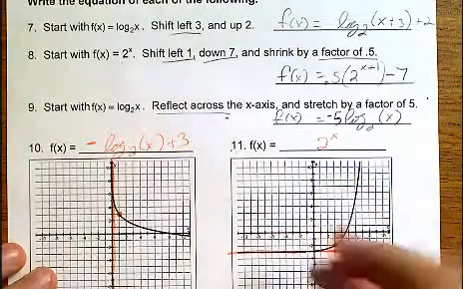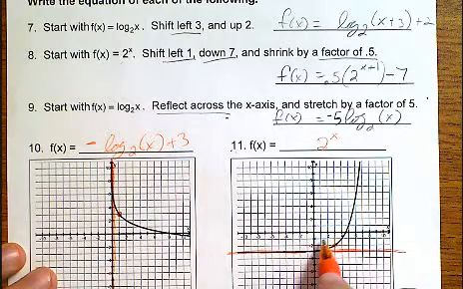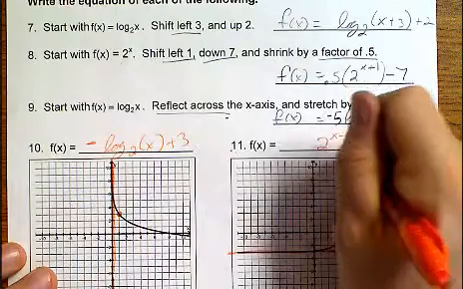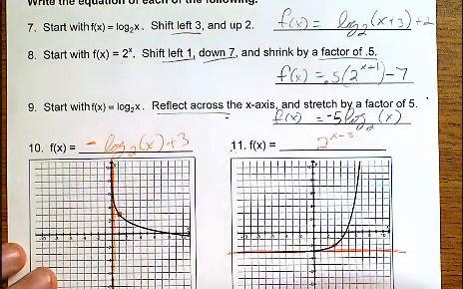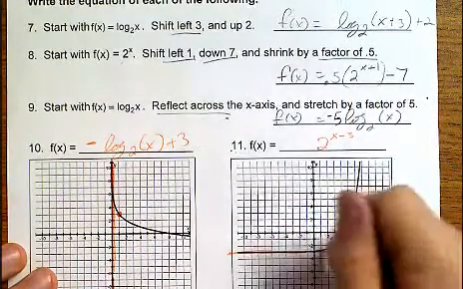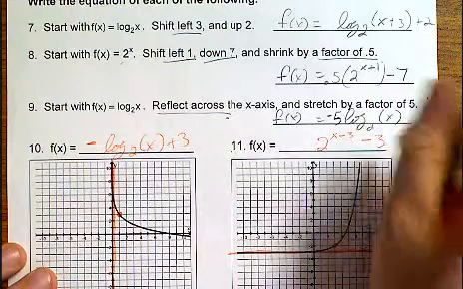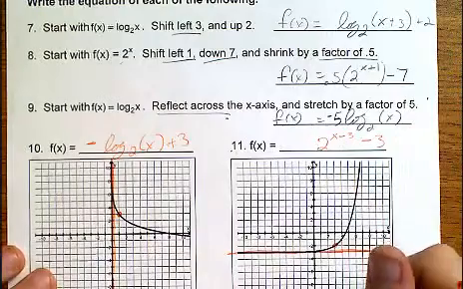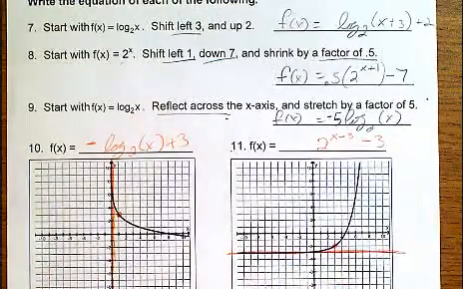We can tell that it's moved right by 1, 2, 3. So minus 3. And from our asymptote, we know that it's moved down 3. So minus 3. And it's still going up, so we are done.